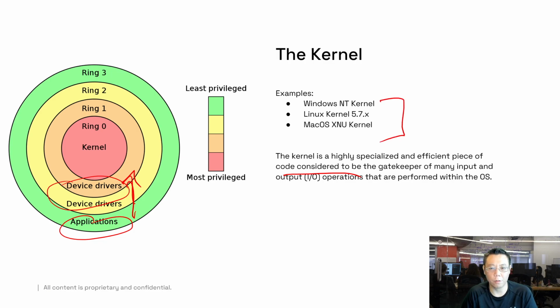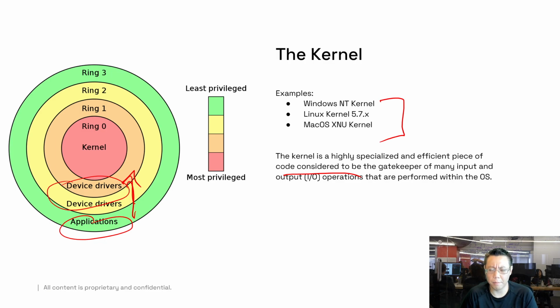Examples of these kernels include Windows NT kernel, which stands for New Technology. And this ranges all the way from Windows NT 3.5.1, which is among the most popular, all the way up to Windows Server 2019. It uses the same kernel family, but not the same kernel version. Linux also underwent a huge transformation.